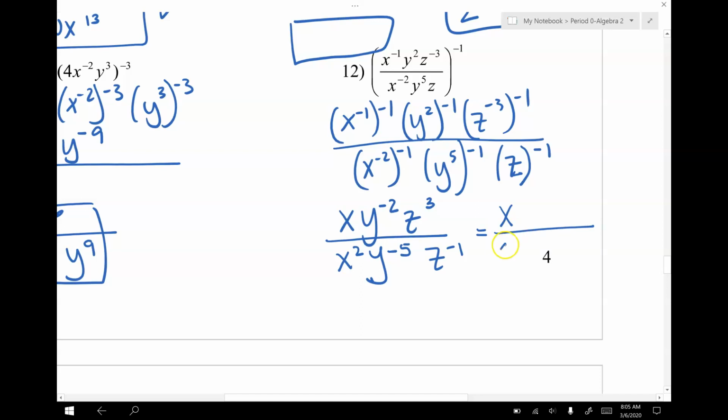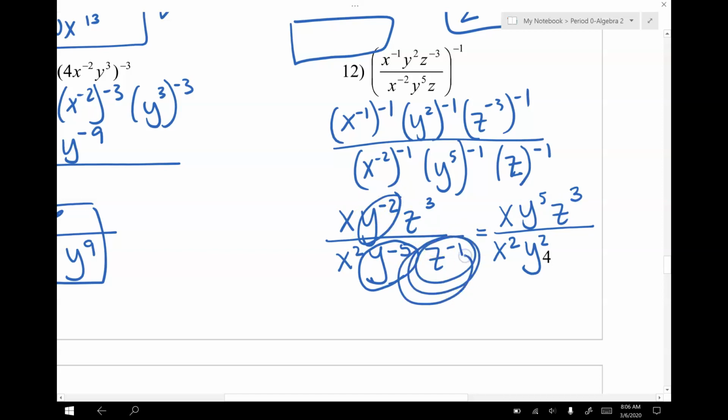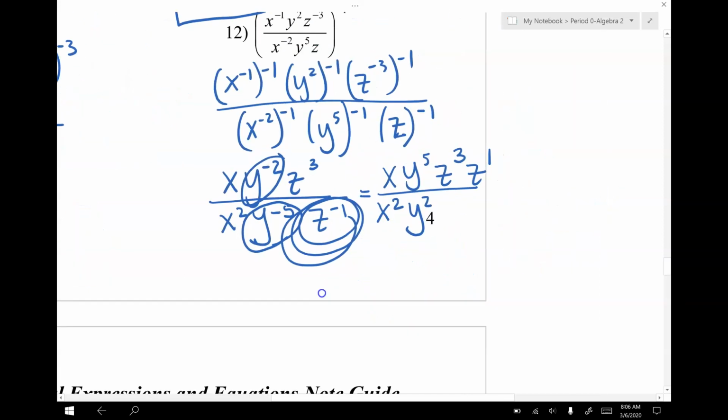Okay. And then this x stays. Would you guys agree with that so far? This y squared is now on the bottom, but this y to the -5 will go to the top. So that is all gone. Z to the 3rd, stay to the top. Yes, no, maybe? But this z to the -1 will do what? Move to the top. Final answer.